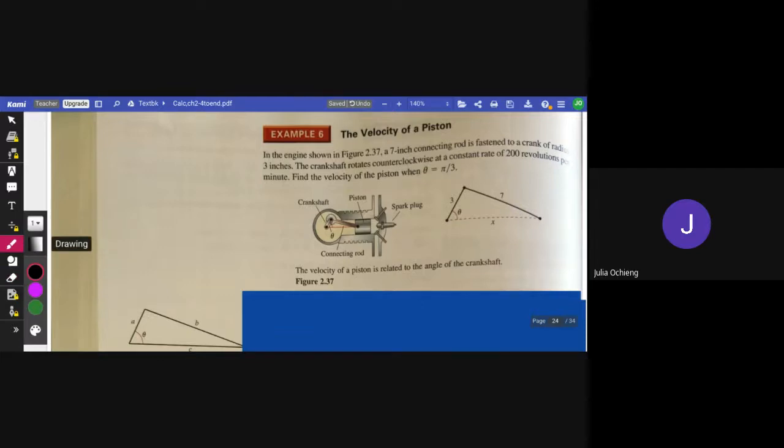So let's take a look at example 6. In the engine shown in figure 2.37, a 7-inch connecting rod is fastened to a crank of radius 3 inches. So here is the 7-inch connecting rod.